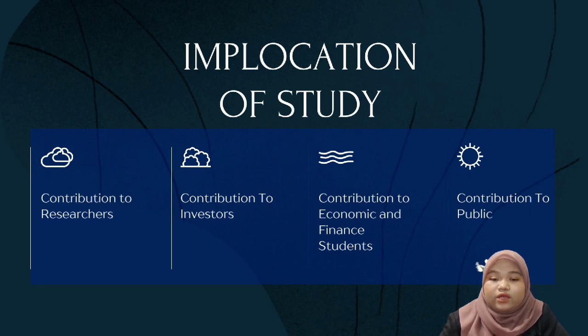Next is contribution to academic and finance students, as it gives students reliable knowledge and understanding while also assisting them to apply it to their research. Last one is contribution to the public, as they will be better informed about what may happen to economic growth.